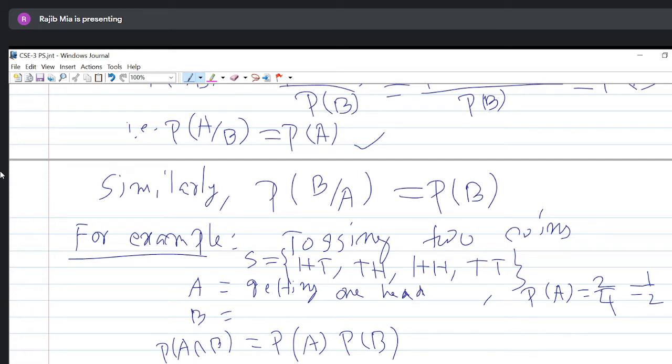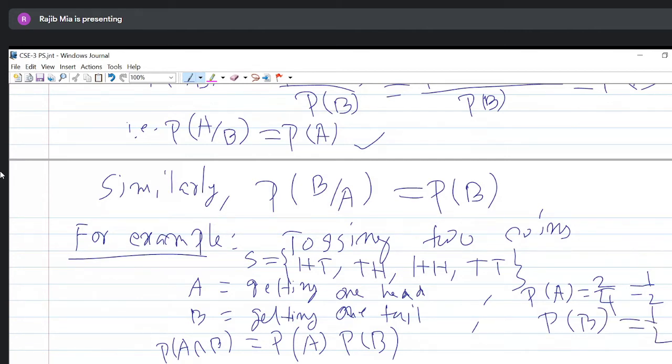And B, getting one tail, sir, same, so 2/4. Probability of B is also half.